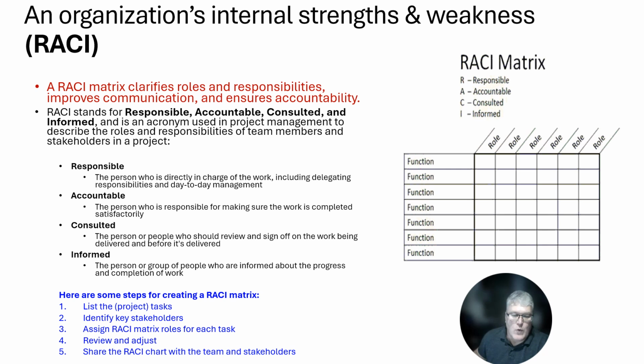I talked about the RACI matrix or RACI chart. If you notice on the chart on the right-hand side, when you do a RACI analysis, let's say the stakeholders or whomever on your project team, or even the stakeholders you need to communicate with, you might want to keep track of that information that you're going to usually push towards them.